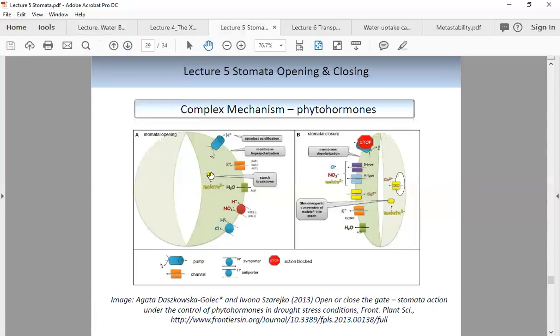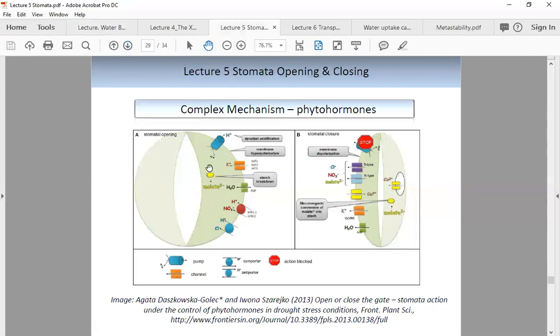Malate anion. Malate anion, this is part of the breakdown of starch. And this anion is formed basically to help balance the inward movement of potassium cations.